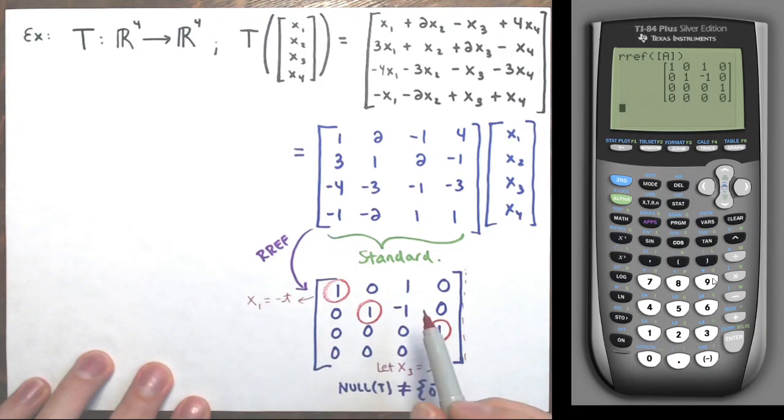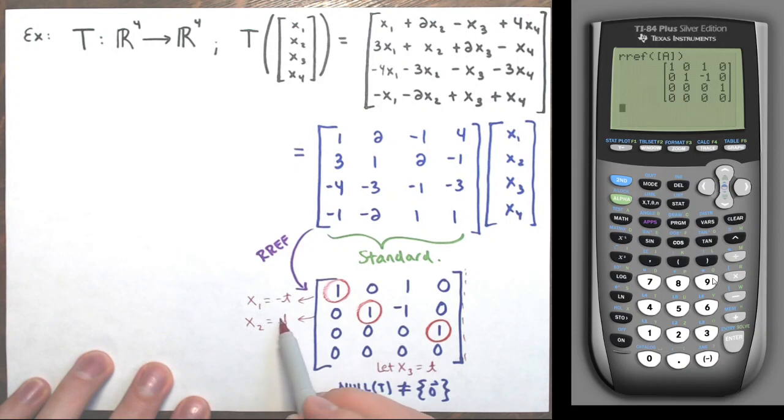This would be x1 plus t equals 0. Then from the second row, x2 must be equal to t, because it's x2 minus t equals 0, so I'll add t. And from the third row, x4 must be simply 0.